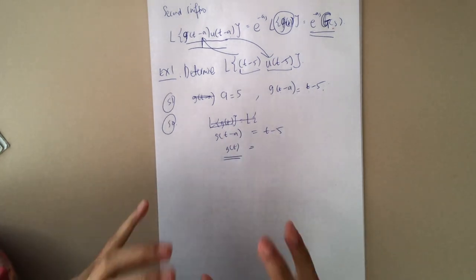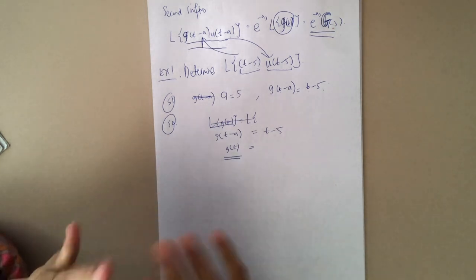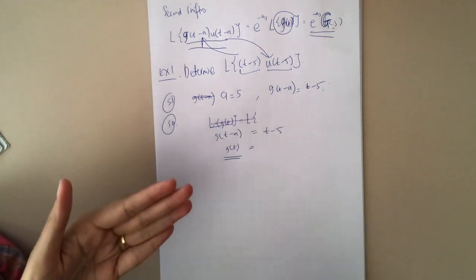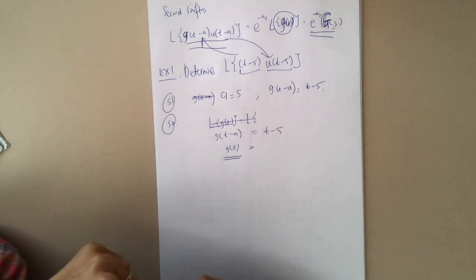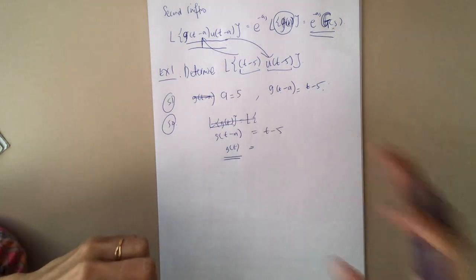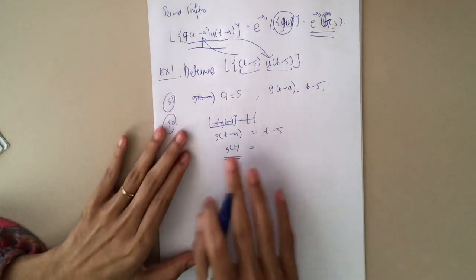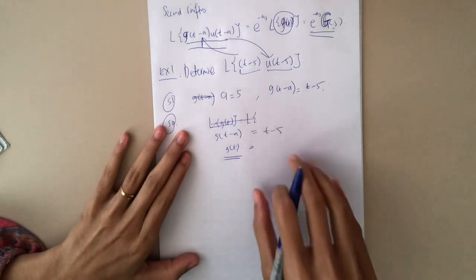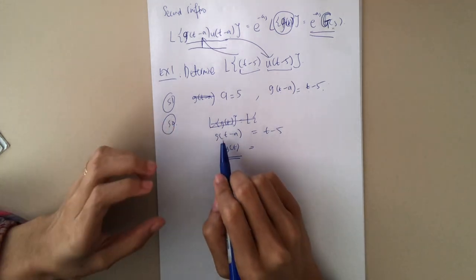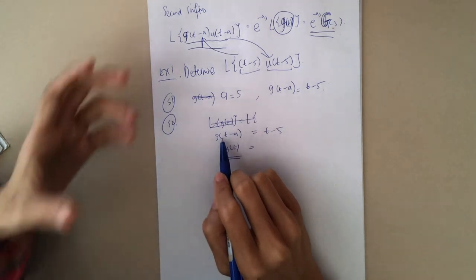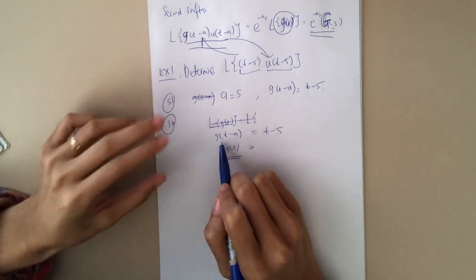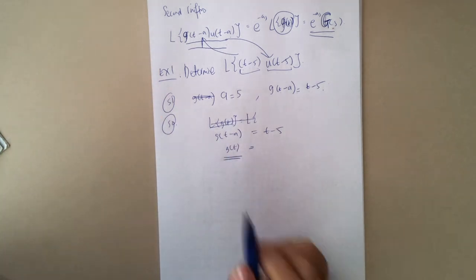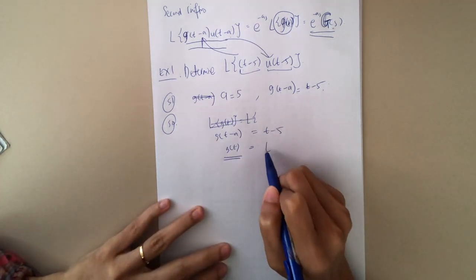This is something related to first shifting before. If you still remember, in first shifting we had G(s minus a), and we wanted G(s). It is something similar to this one, but this one is second shifting. From the equation we have g(t minus a), but we want g(t), so it's just t.